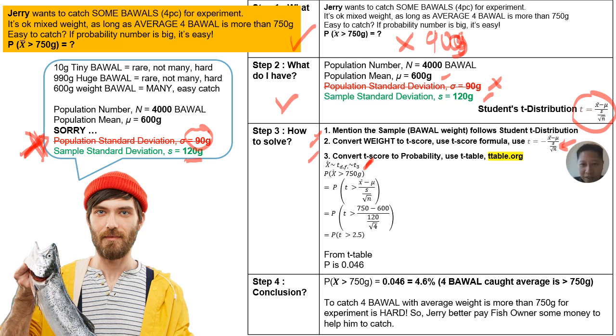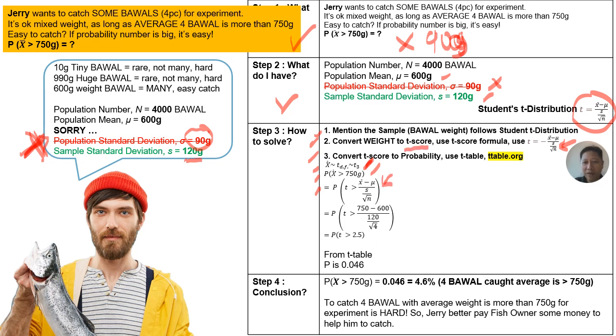We have the statement saying that the problem can be modeled under the student t-distribution. The second one we're going to write: we want to find the probability of these 4 fish having an average of more than 750 grams. So we're going to convert to t-score using this formula.